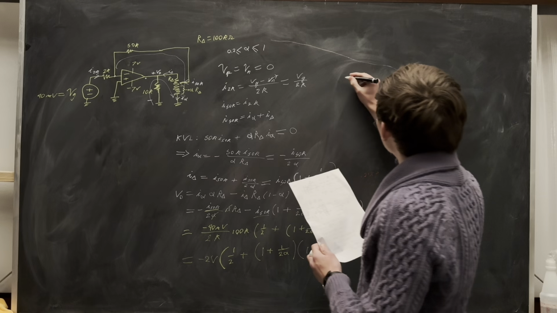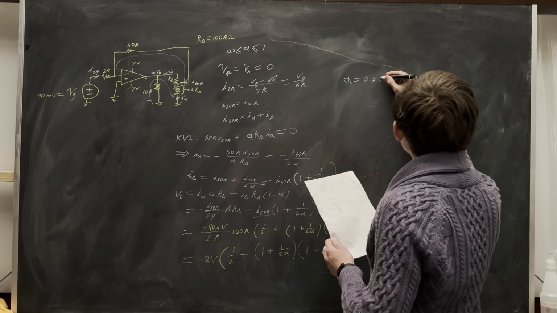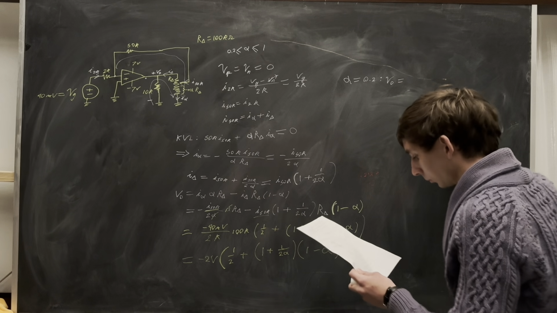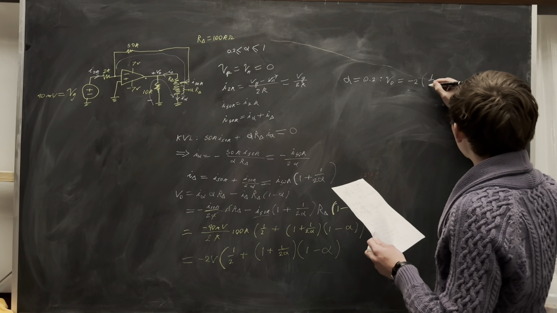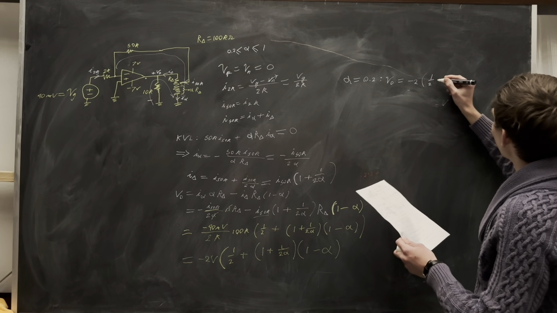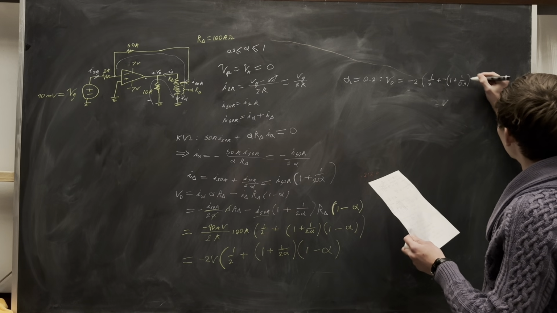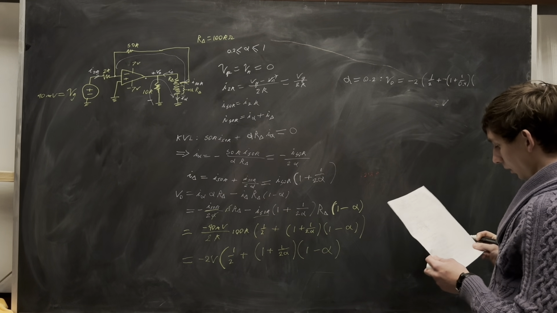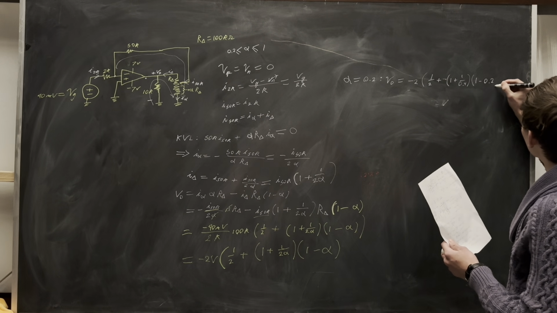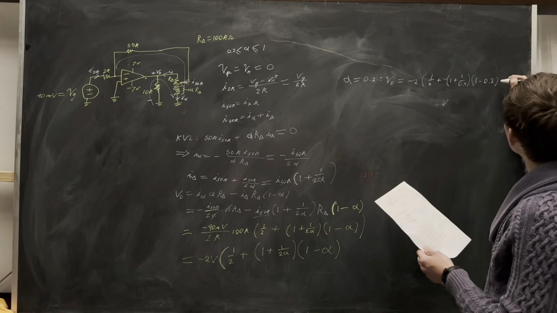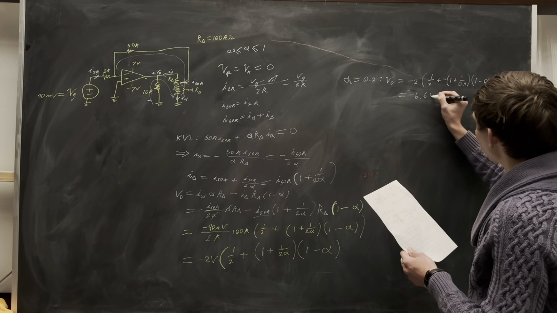So for alpha equals 0.2, V out is minus 2 times 1/2 plus 1 plus 1 over 0.4 times 1 minus 0.2, that equals minus 6.6 volts.